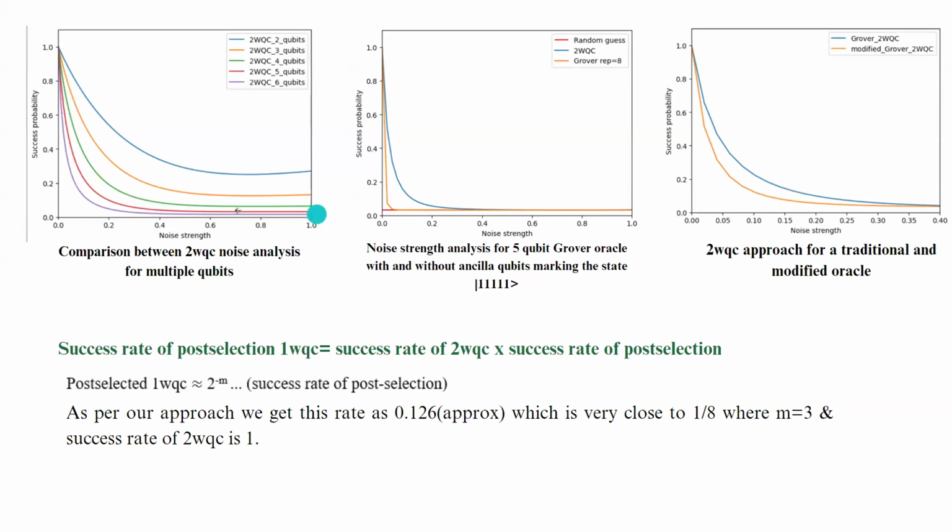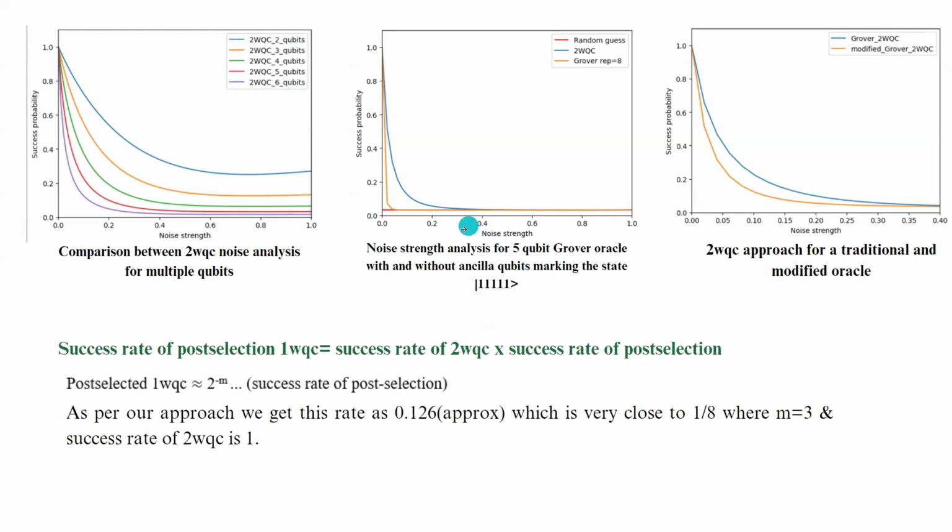Moving forward, these are the noise resilience comparisons for a depolarizing model, and the first one is for the 2WQC circuits for 2 qubits up to 6 qubits. As you can see, as the number of qubits and gate operations increases, the noise in the circuit also increases. But again, it's worth mentioning that this is better noise resilience than the 1WQC version. And this is for the 5 qubit circuit. We are just showing the 5 qubit circuit, but we have also calculated for 6 qubits.